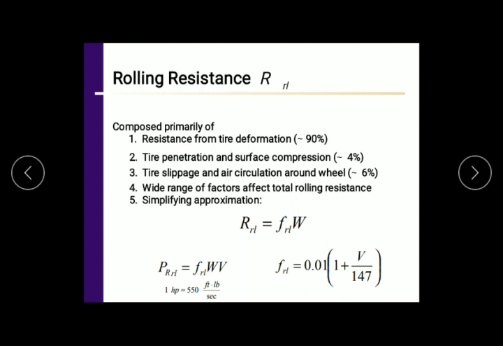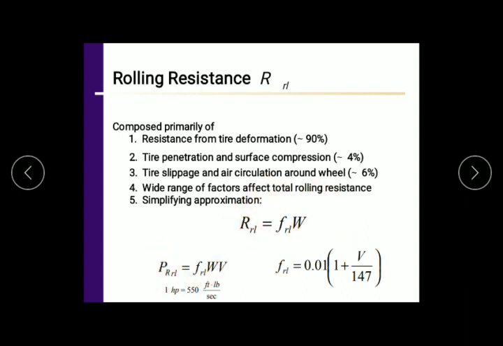To simplify these calculations, we consider rolling resistance as FRL into W, where FRL is the rolling coefficient and W is the weight of the vehicle. Then the power required to overcome the rolling resistance is this force into velocity.